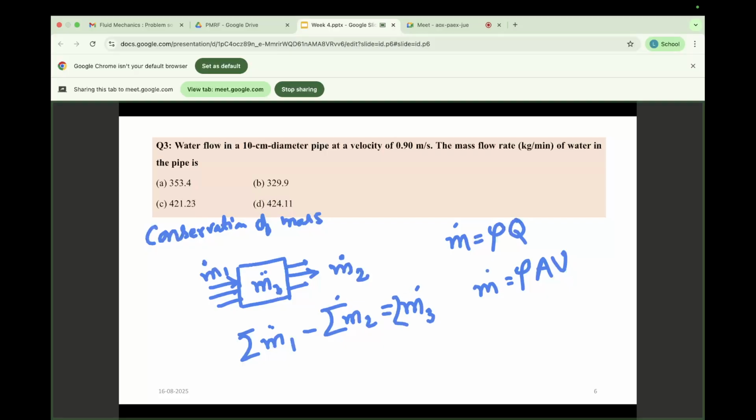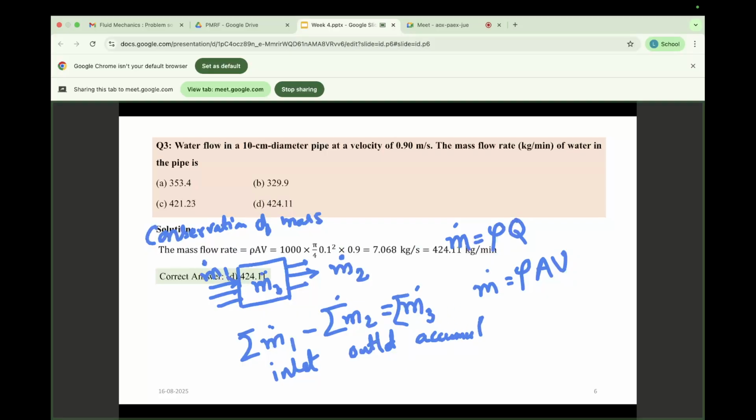So this is the inlet, this is the outlet, and this is the accumulation. Inlet mass flow rate minus outlet mass flow rate is equal to the accumulation of mass.